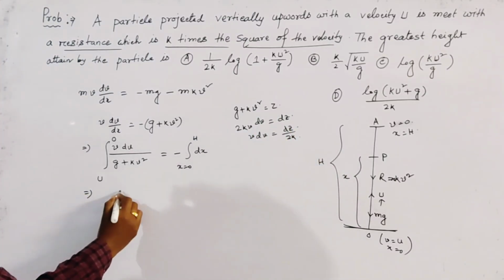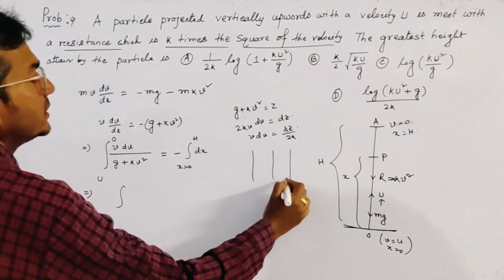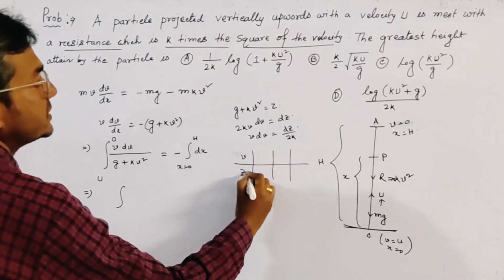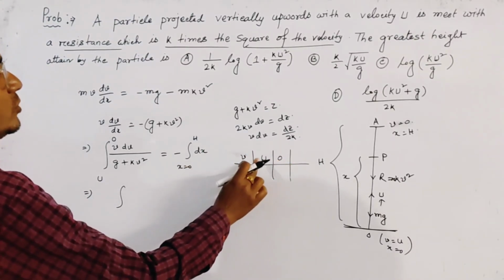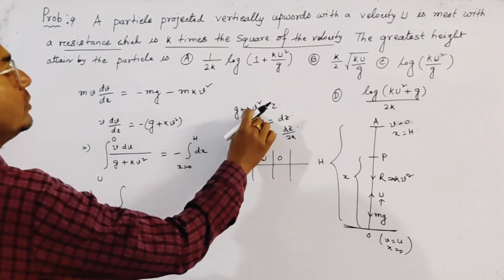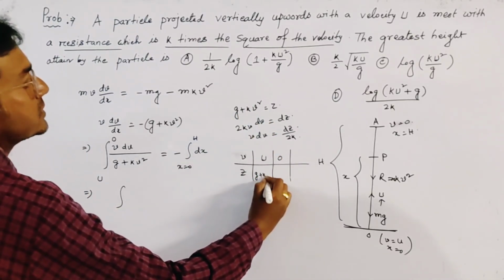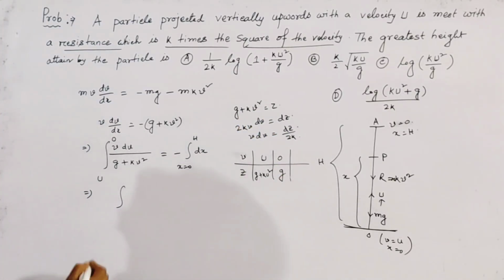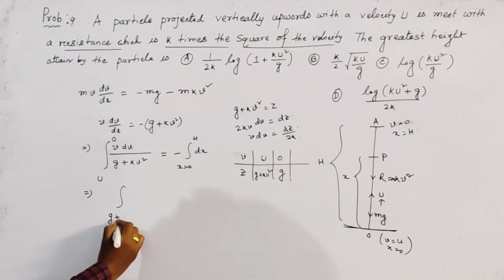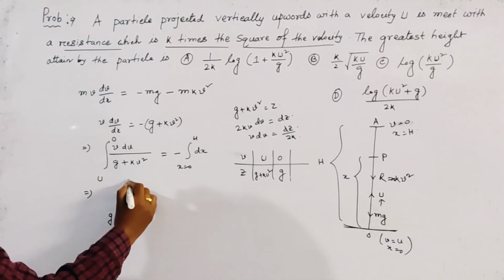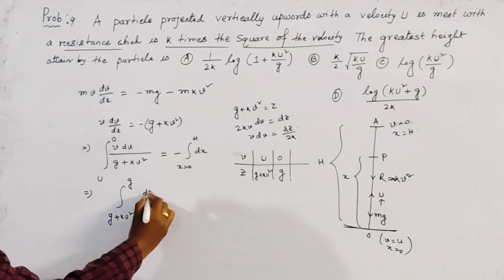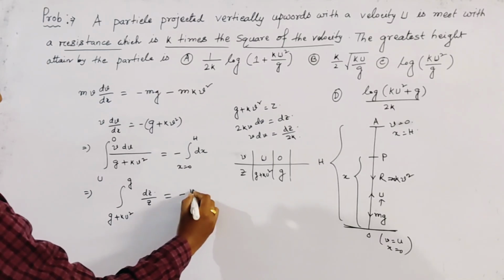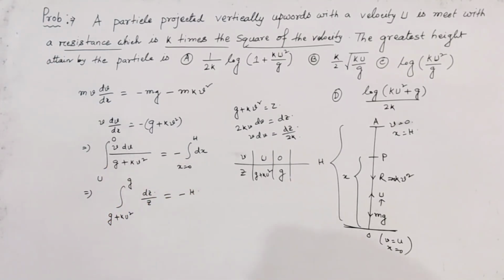We also get the range of integration: when we put v equal to u, then z equals g plus k u square, and when we put v equal to 0, then we get g. So the lower limit is g plus k u square, the upper limit is g, and this is dz by z. From the right side we get minus H, by directly integrating.